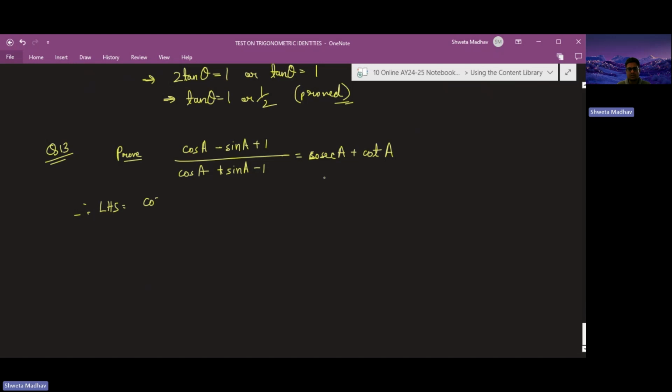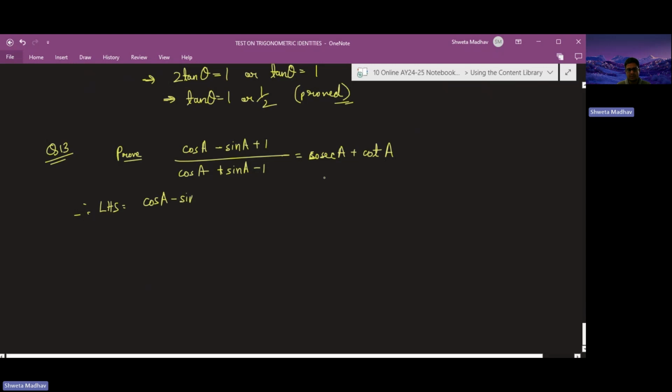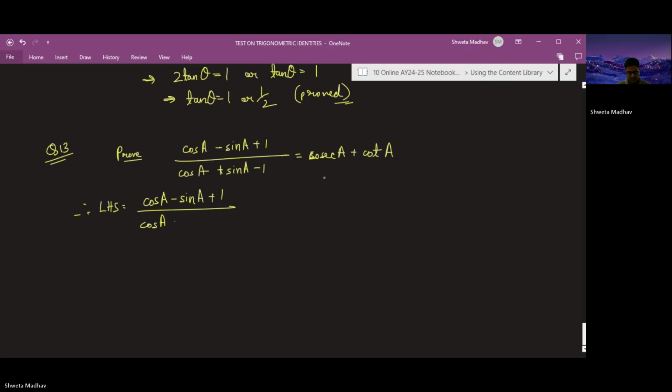So the left hand side is cos A minus sin A plus 1 divided by cos A plus sin A minus 1.